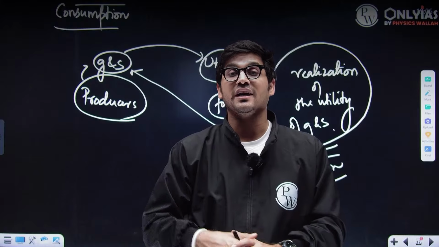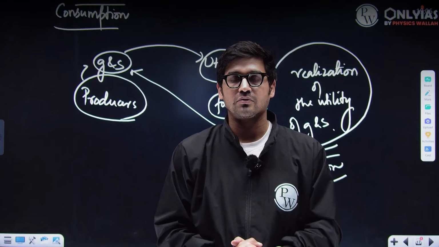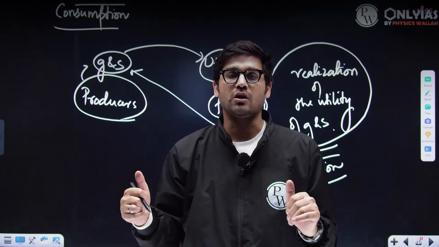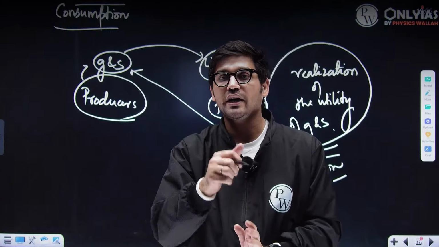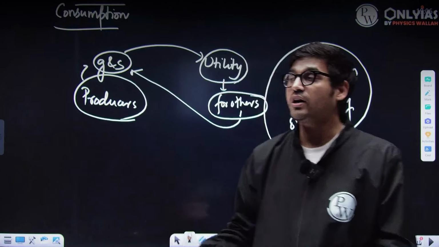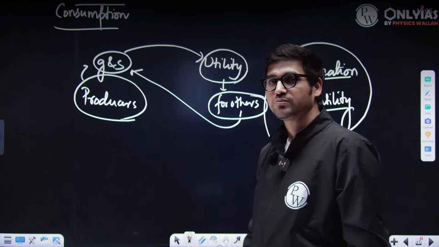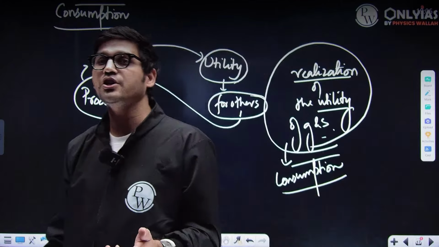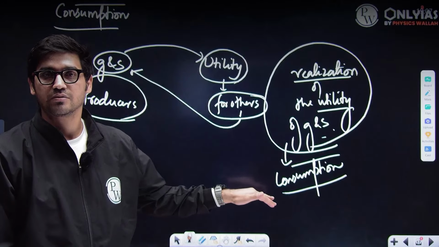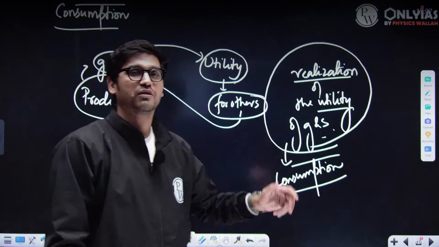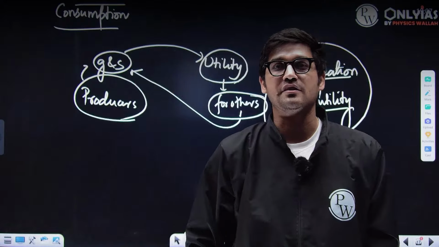The locksmith gives you the locker provided you give him something back. When you bring home this locker and you put your diamond ring inside it and you lock it up, you are realizing the utility of the good that you have just bought. The realization of utility of goods and services is how you define consumption. That's it. It is about usage of goods and services.